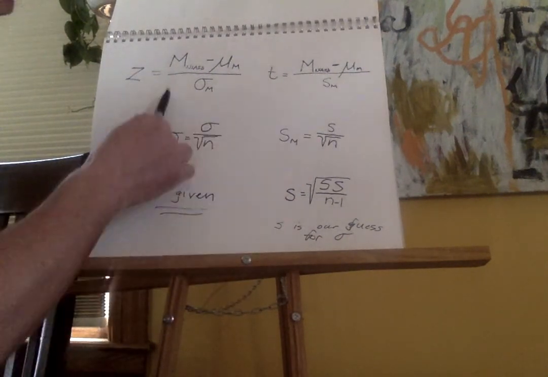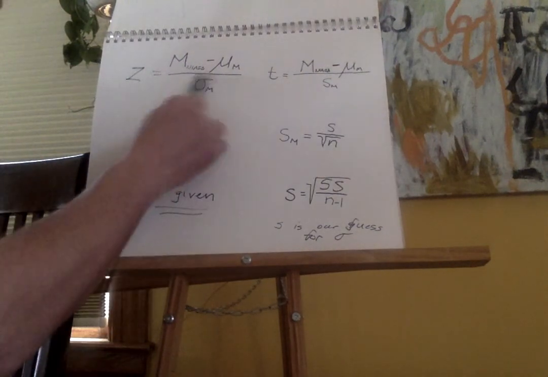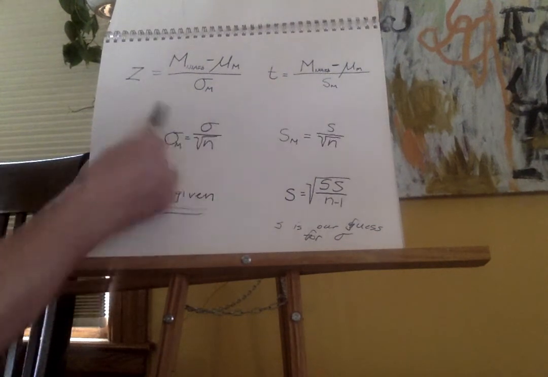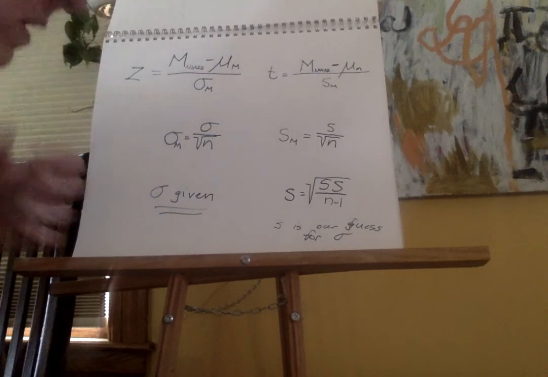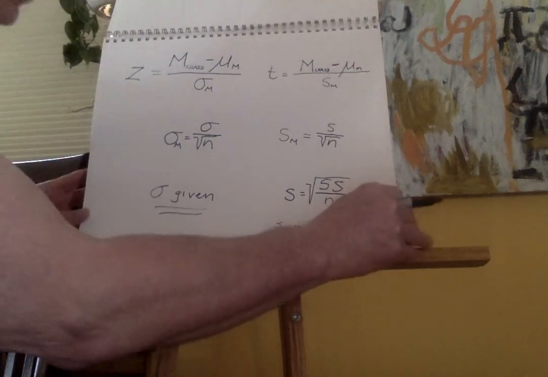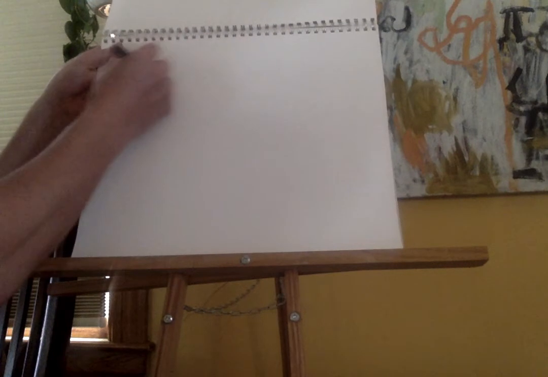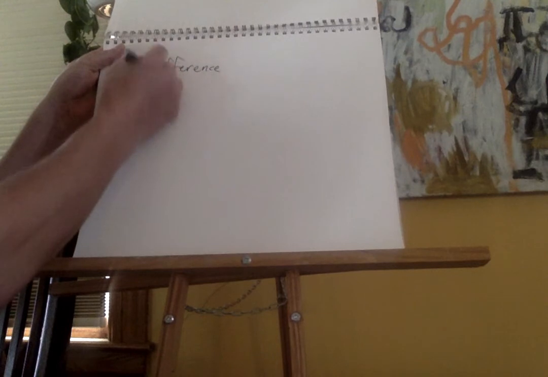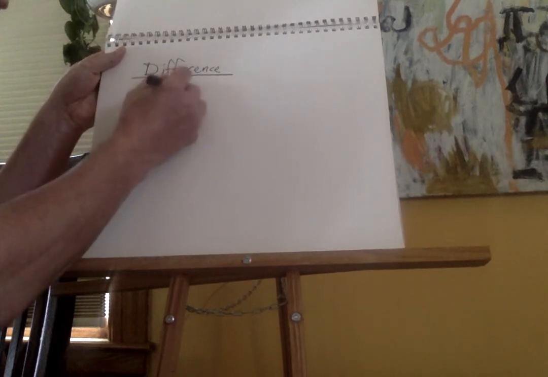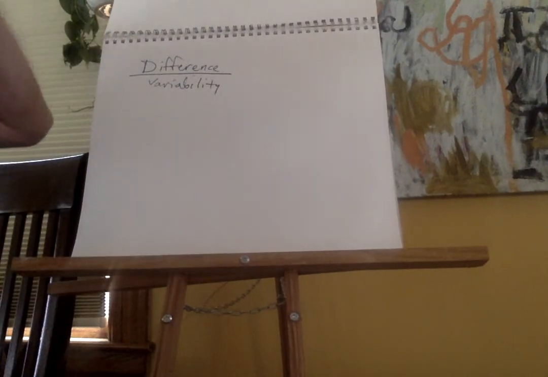It's of the same form. Make the comparison of the difference. Put that in terms of the variability. I will talk about this more in upcoming classes, but what we're really doing, always or most of the time, is looking at difference over variability.